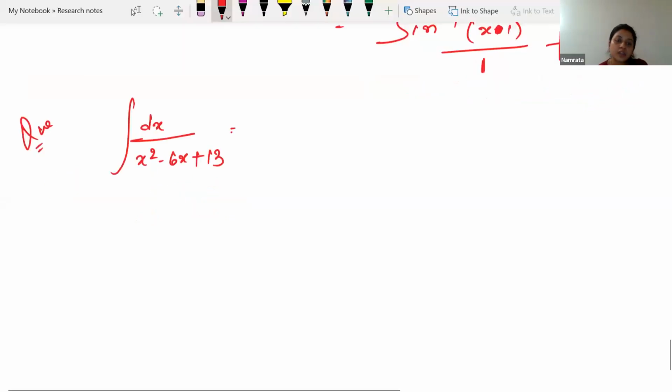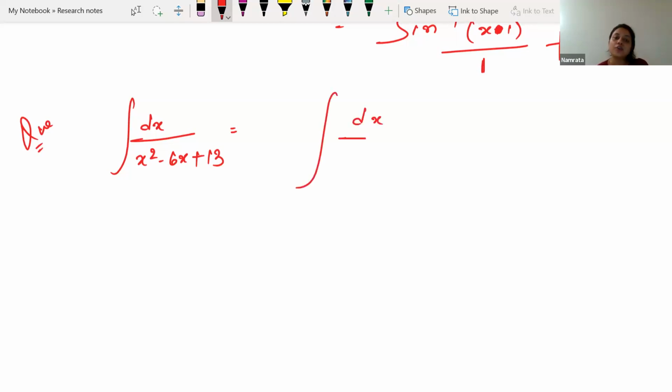Okay, so here we can think about again making it a perfect square. So what can be done over here? Let's think about it. Let me check. Yeah, so we can make it a perfect square again just like the previous method.